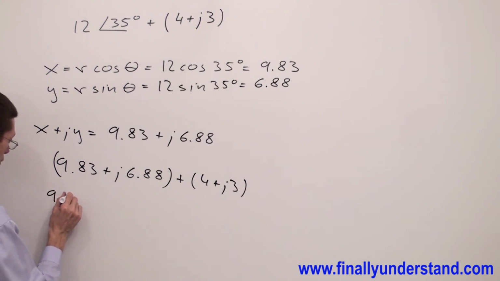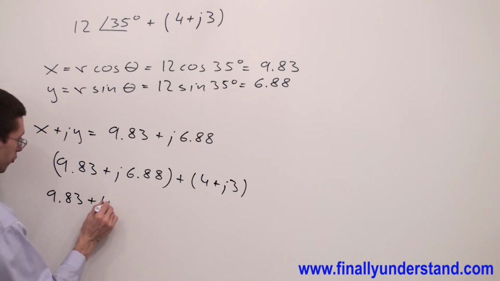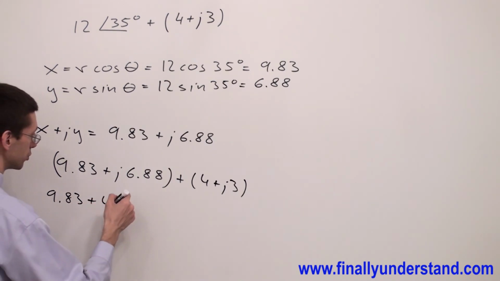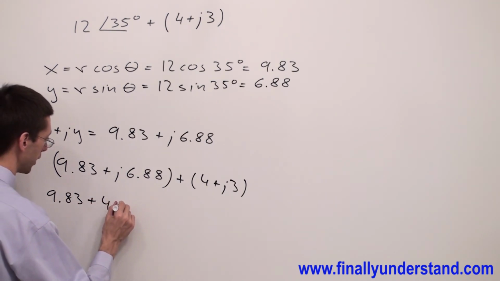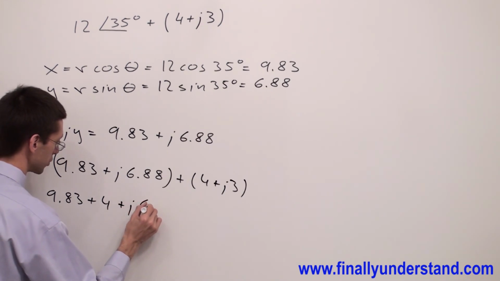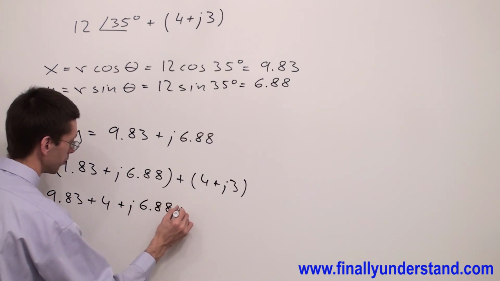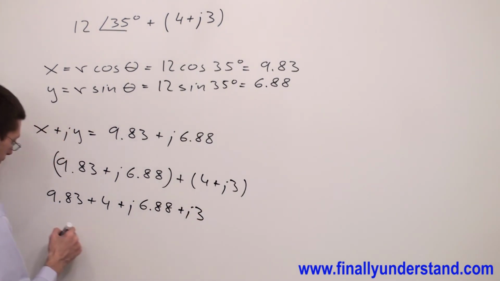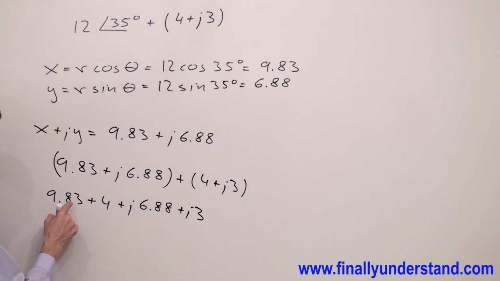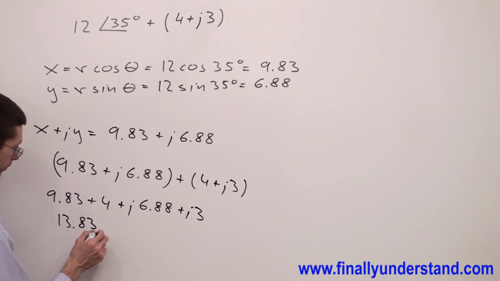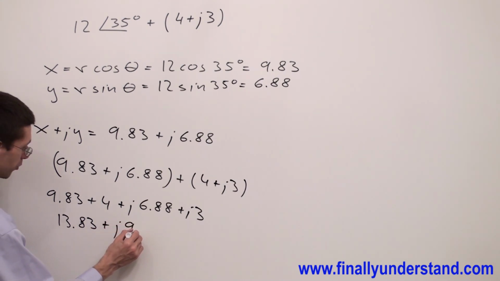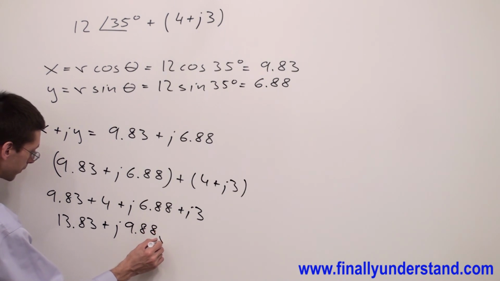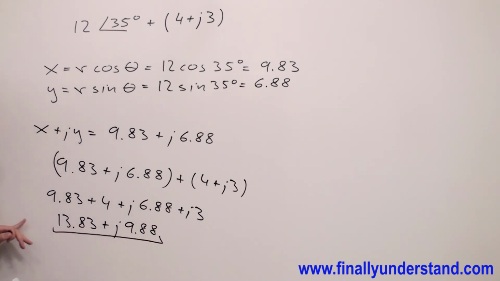So I have 9.83 plus 4, and if it comes to the imaginary numbers, I have plus j 6.88 plus j 3. 9.83 plus 4 is equal 13.83 plus j 9.88. And this is the solution to my problem.